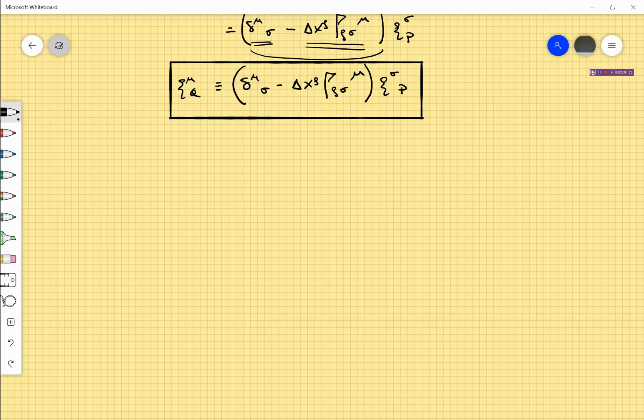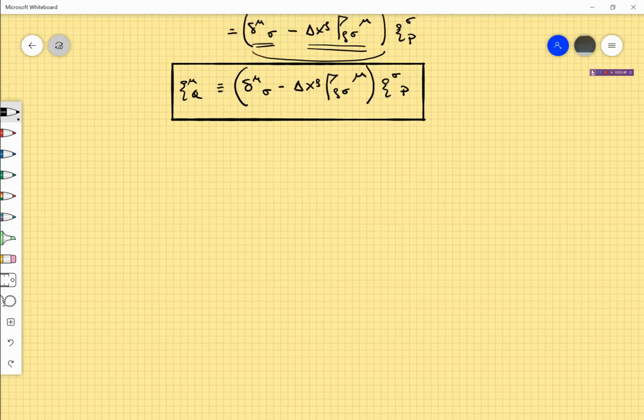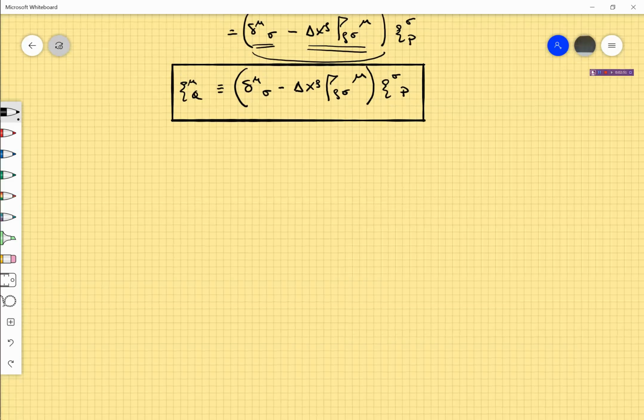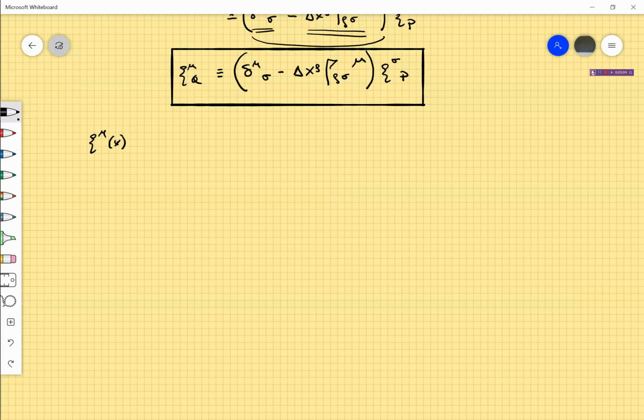There is an infinite number of possible connections that one can define, and this is something that we have to deal with later. Now we can consider what happens with vector fields. Vector fields are defined at every point in our differentiable manifold, and the components are given by functions of x that tell you what the components of the vector are at a given point.